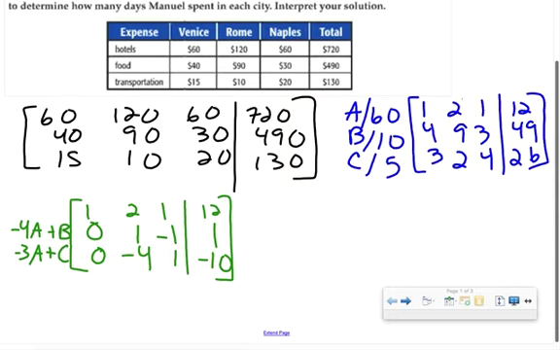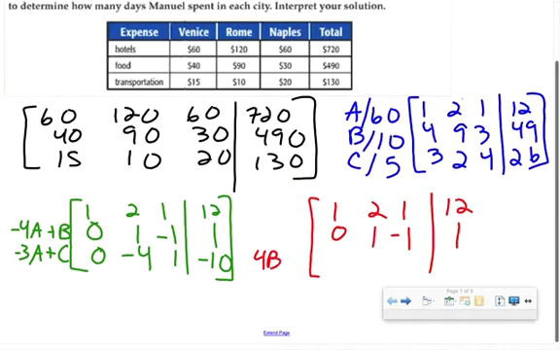So I'm leaving rows A and B alone, and multiplying row B by 4 and adding it to row C. So 4 times 0 is 0, 0 plus 0 is 0. 4 times 1 is 4, 4 plus negative 4 is 0. 4 times negative 1 is negative 4, plus 1 is negative 3. And 4 times 1 is 4, 4 plus negative 10 is negative 6.